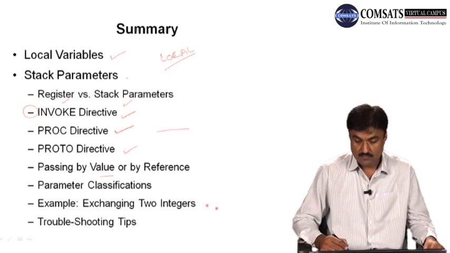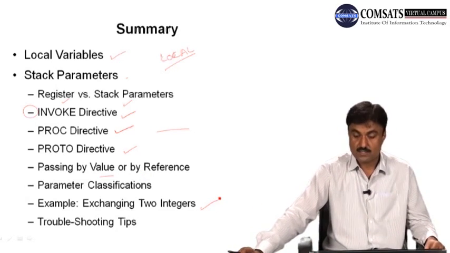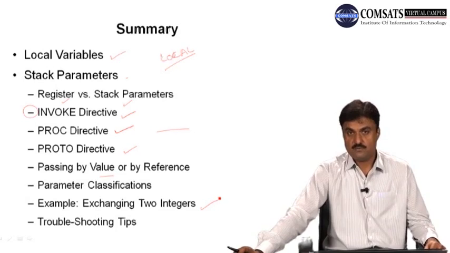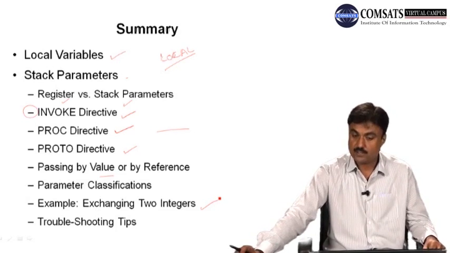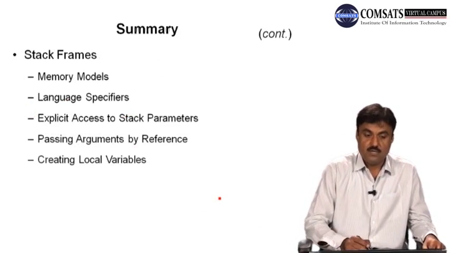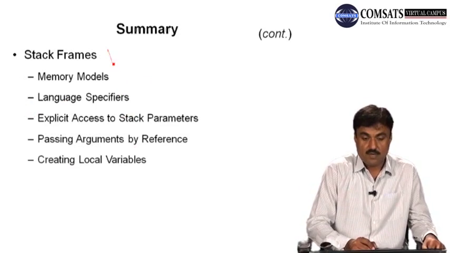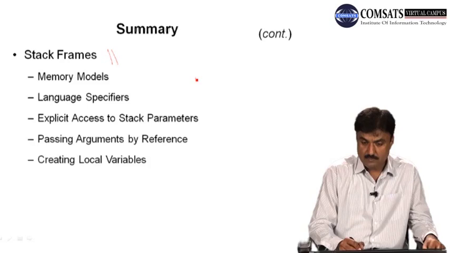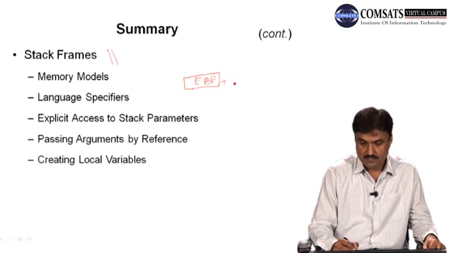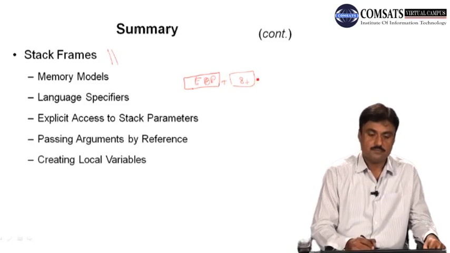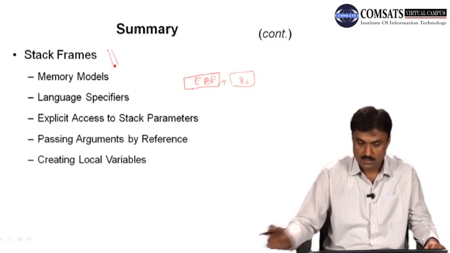Then we have seen the add-to and exchanging the values of two variables, and then troubleshooting tips. Then we discussed the stack frame area, where EBP was used to point to that area. So we used EBP plus a constant value 8, 4 and so on to access that area.